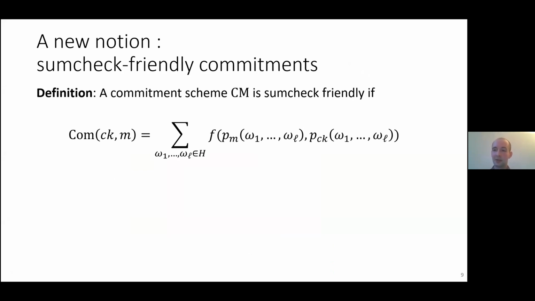Okay, so we're going to say a commitment scheme is sumcheck-friendly if you can take a commitment to any message, and you can express it as a sum of different polynomial evaluations. Let me break this definition down a bit. First, we'll be summing polynomials on the right-hand side over a set of evaluation points from a set H, where H is a subset of some kind of ring, or maybe a finite field.